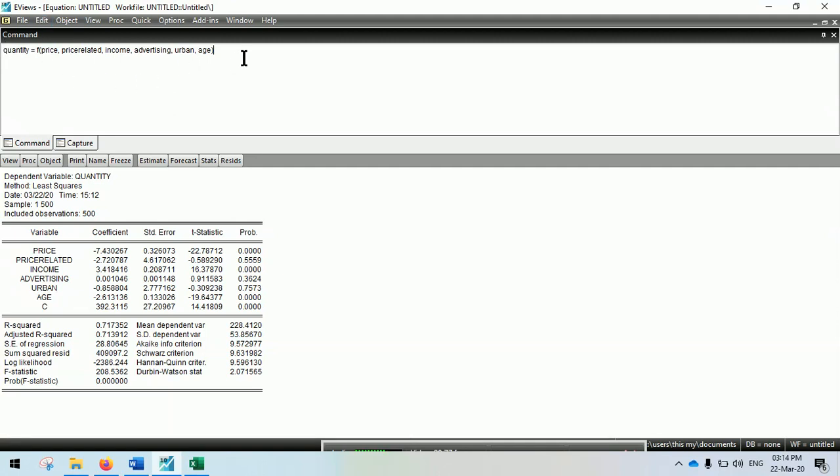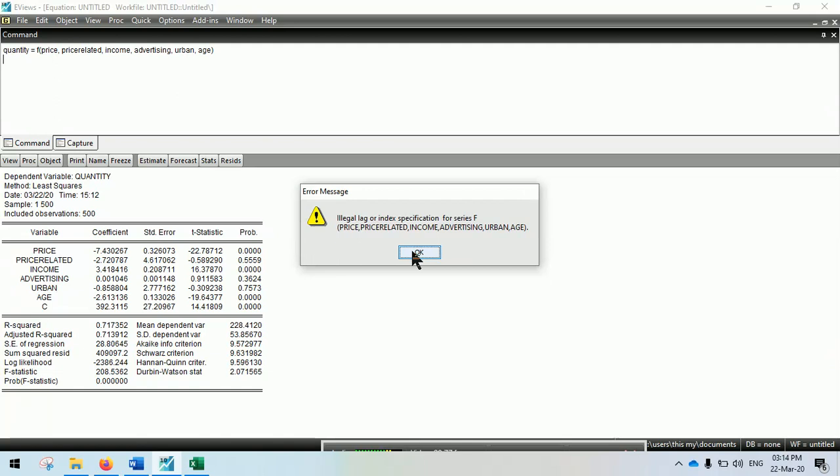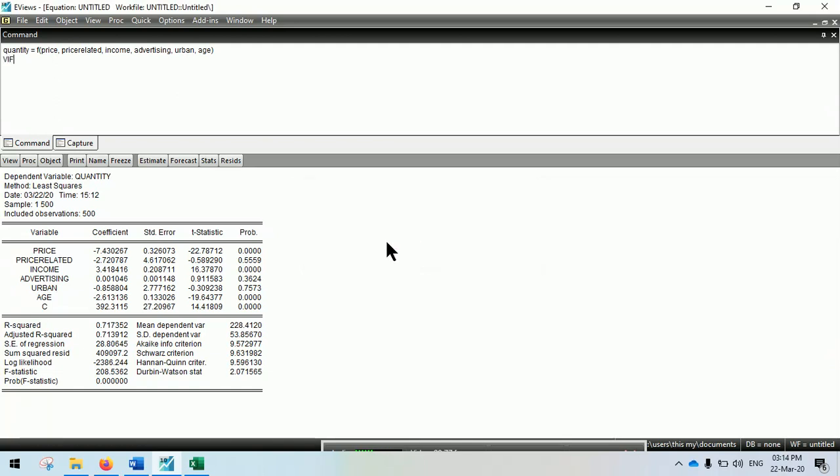So the VIF is equal to 1 divided by 1 minus R square. Okay, so how are we going to get the R square for each one?